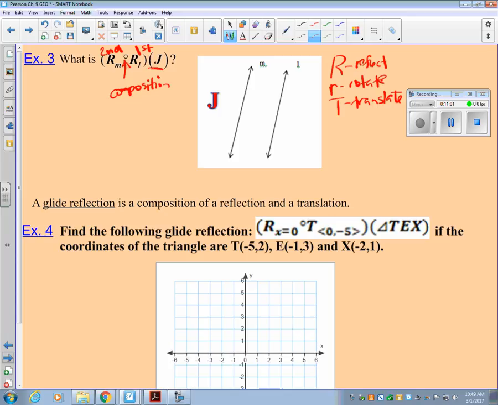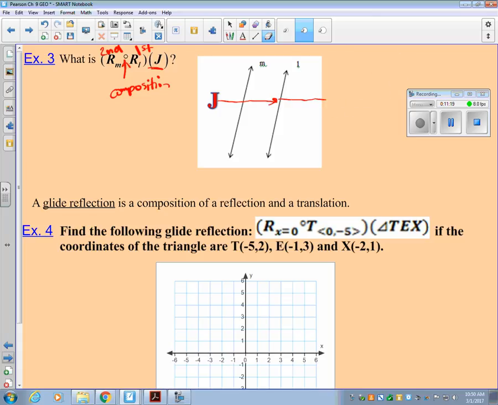So we're going to reflect J across line L first. I'm going to need the same distance between J and line L. Good job, Leah. So find about the same distance. You can do a finger pinch. For me, it's J to L. If you preserve that distance, it's right about here.